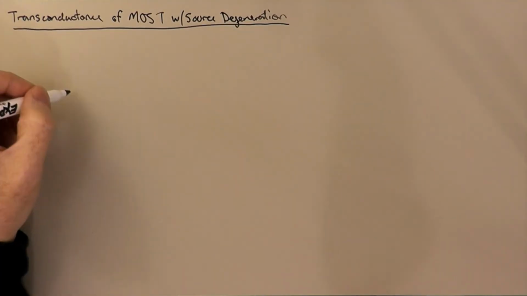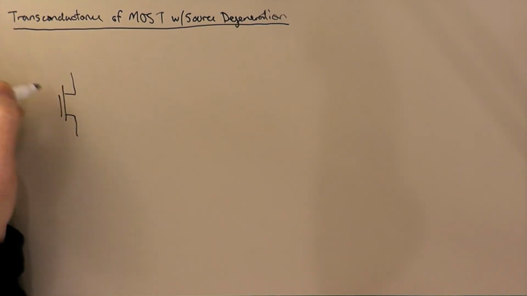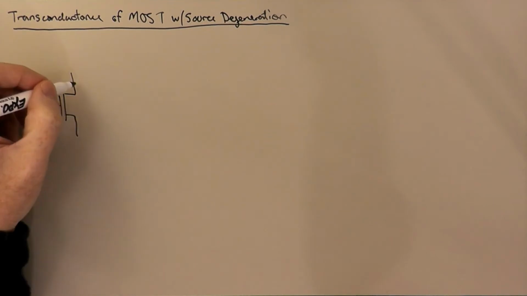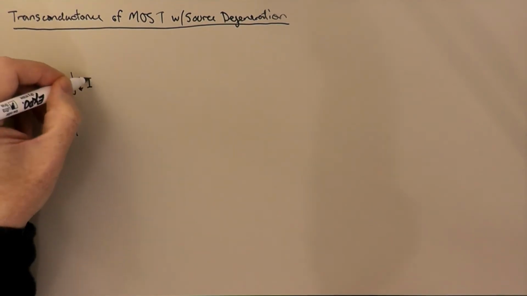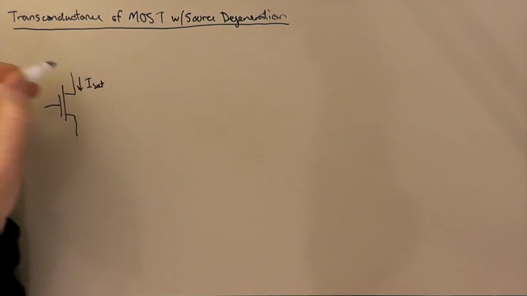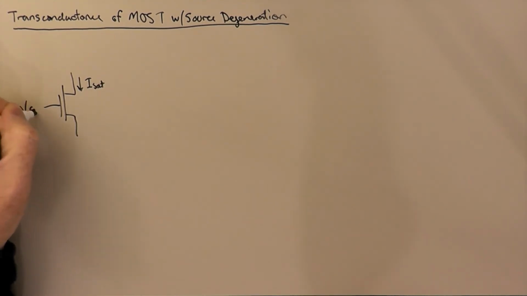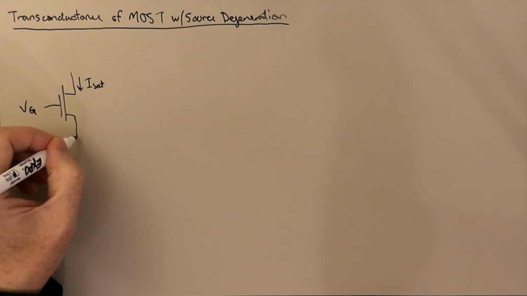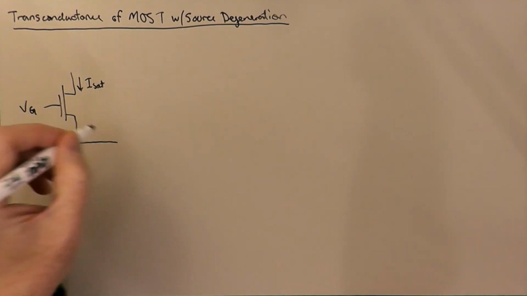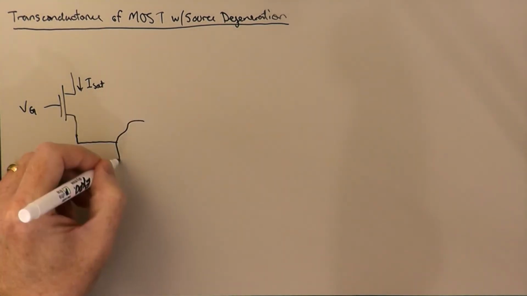Well, let's say we have an NMOS transistor that's operating in saturation, like so. So it's got some saturation current flowing, let's say I sat, and we have some gate voltage being applied. And then the source is connected to something, and we're not sure what it is.